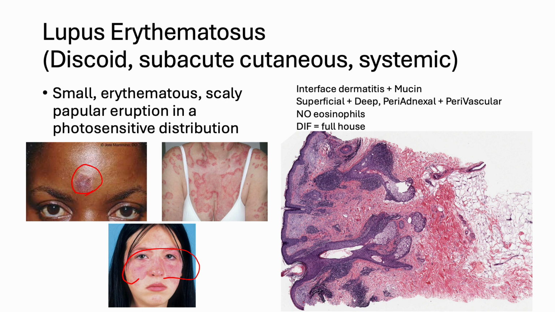It has superficial plus deep, periadnexal, and perivascular inflammation. You see here, superficial and deep, perivascular, and periadnexal. So we call this one a pan-inflammatory pattern. And if you do the direct immunofluorescence, it should have the IgG, IgA, IgM, C3, full house.